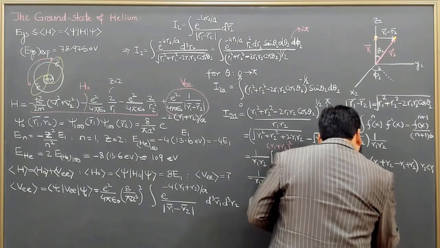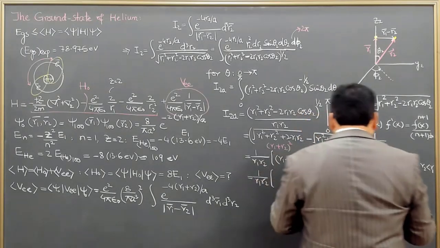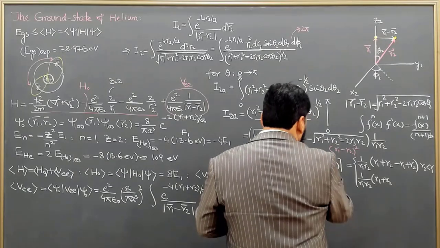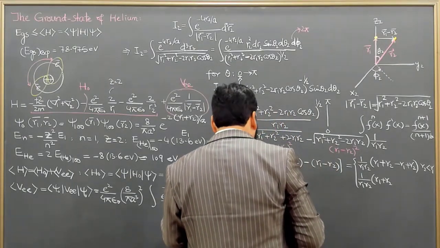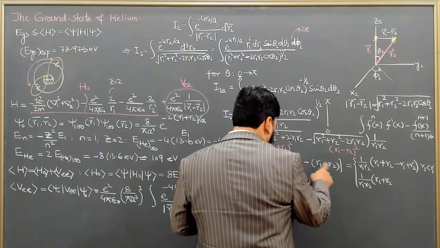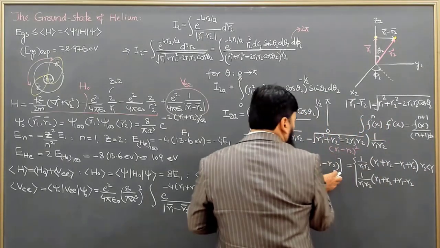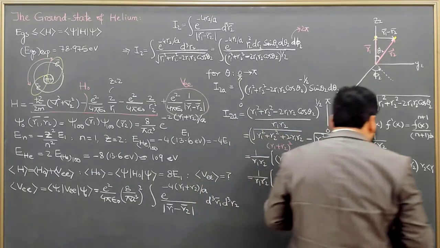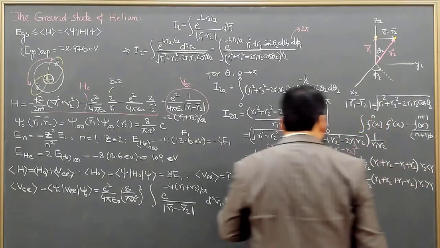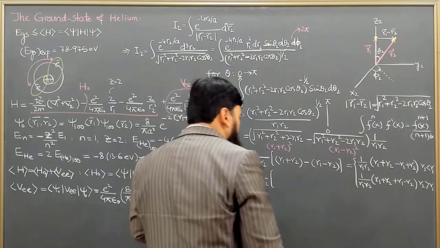While 1 over r1 r2 times r1 plus r2, and when the situation is that r2 is greater than r1, then the whole term is supposed to come this way, and we will write the absolute value here, so it will become plus r1 minus r2, because its whole will give you a negative, and that negative will be reflected there, and this will be for r2 greater than r1.